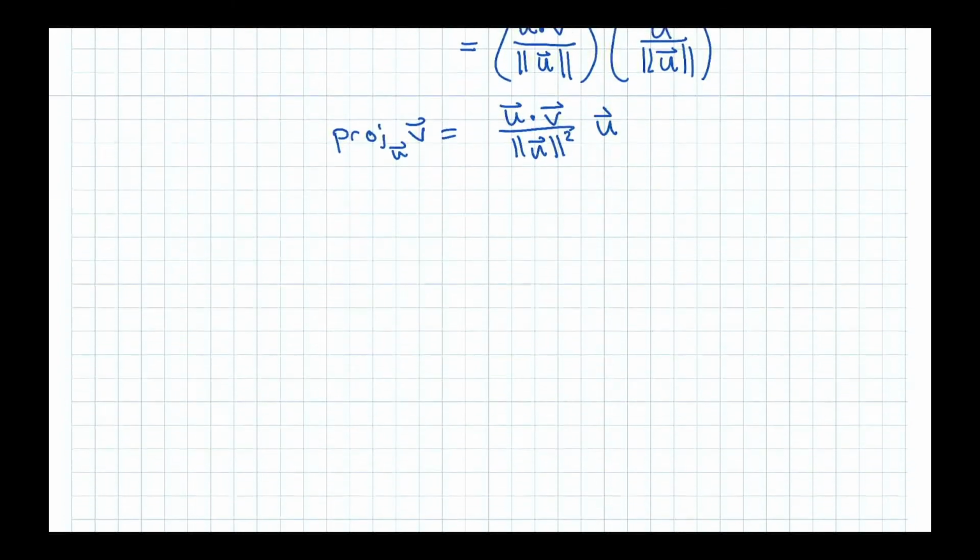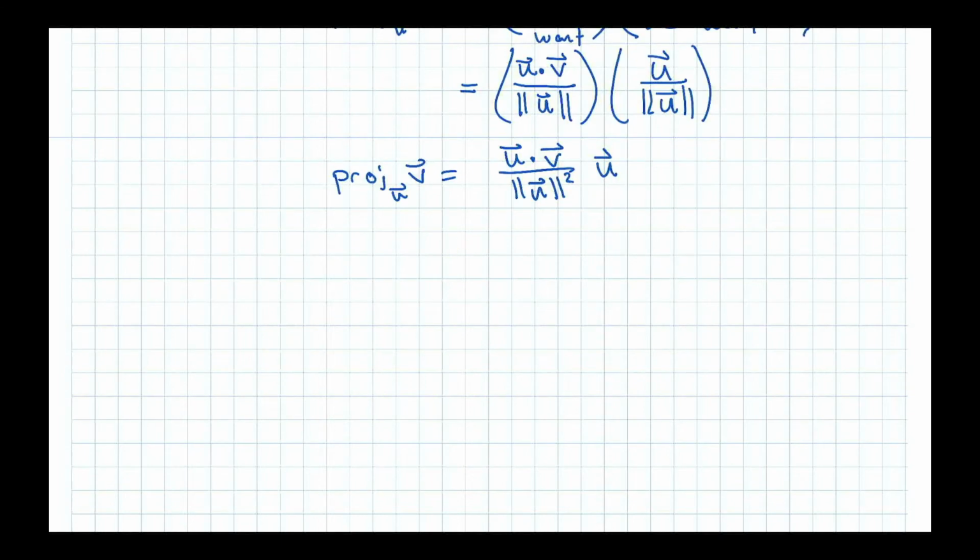So you could write it this way as well: u dot v on top, u dot u on the bottom, and all of that times u. This part in parentheses is a number, and it's a number times the vector u.